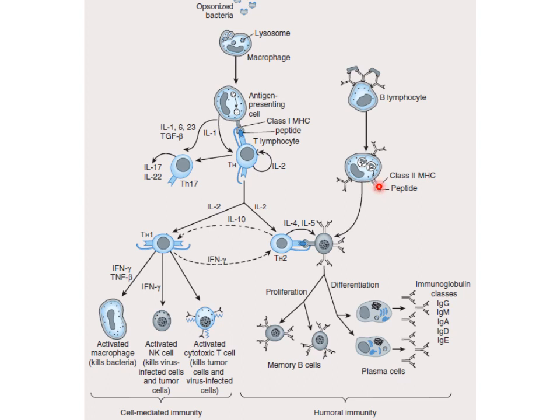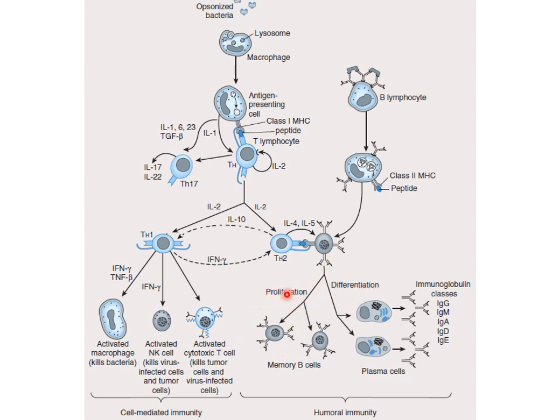This MHC class 2 complex is presented to the TH2 cell. After engagement of this antigen presenting B cell with the TH2 cell, it secretes interleukin 4 and interleukin 5, which act on the B cell, and the B cell undergoes proliferation and differentiation.